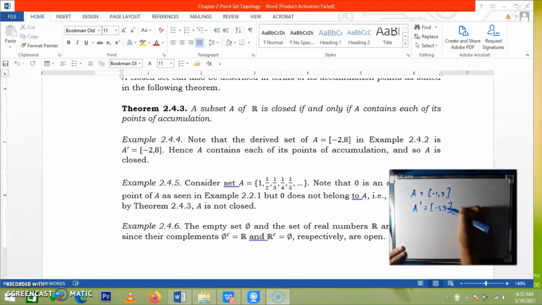Now notice that the derived set is equal to the set itself, and hence this set contains all of its accumulation points. So we can say that A is closed in that case. So that's all about closed sets.